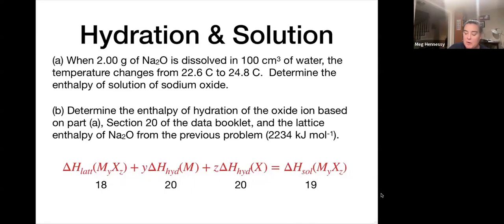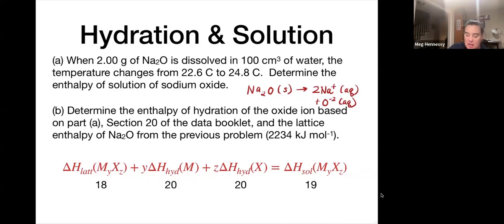So in part A, we're going to go into the lab and we're going to try to measure the enthalpy of solution. And again, the enthalpy of solution is about taking 1 mole of an ionic compound and dissolving it to make ions. So we're going to calculate that using the techniques from 5.1.